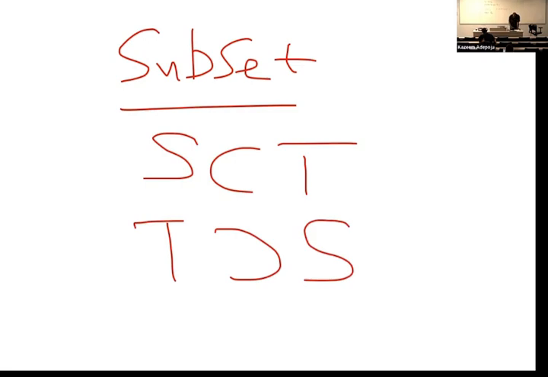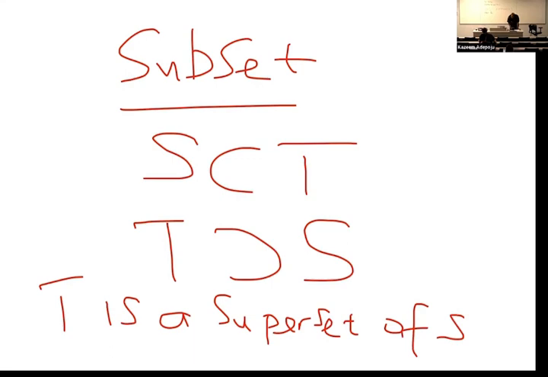What that means is that T is a superset of S. When I say T is a superset of S, another way is S is a subset of T.